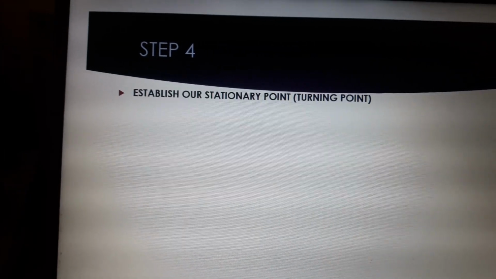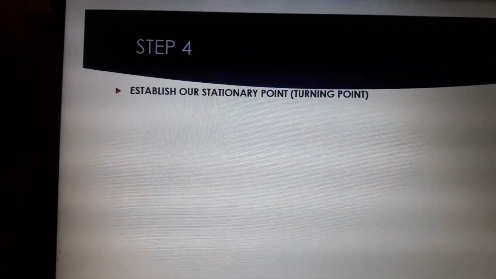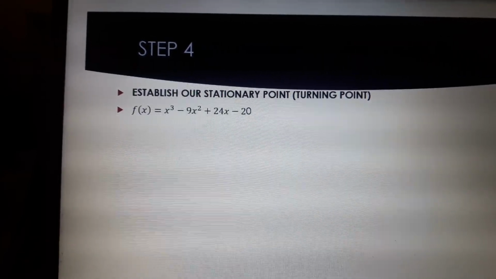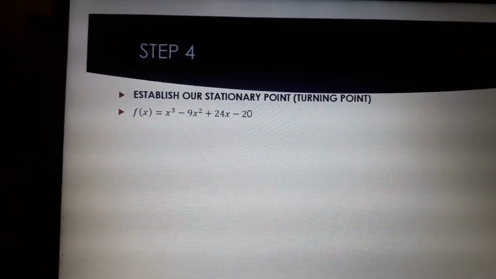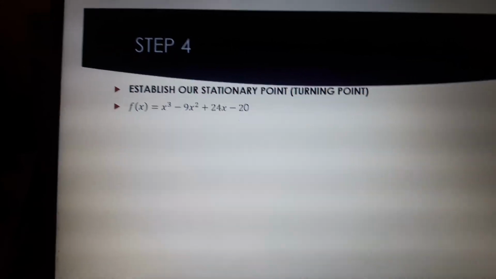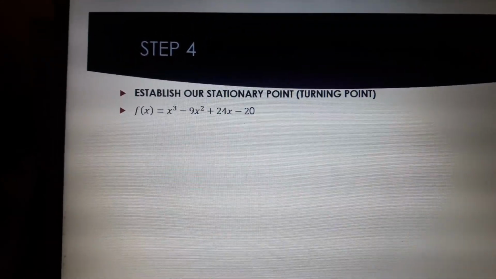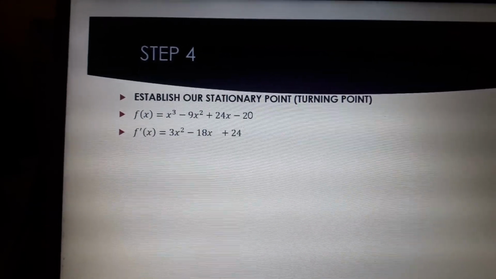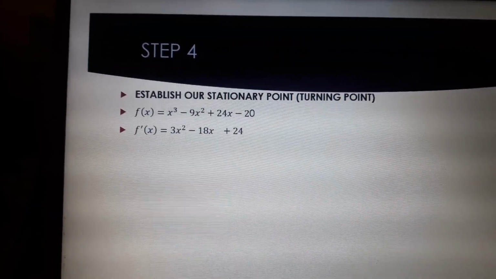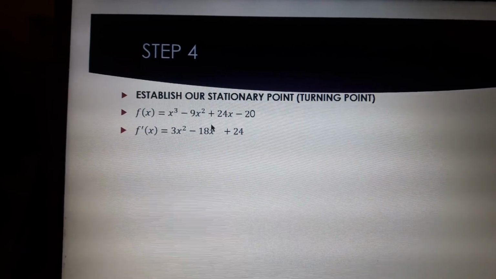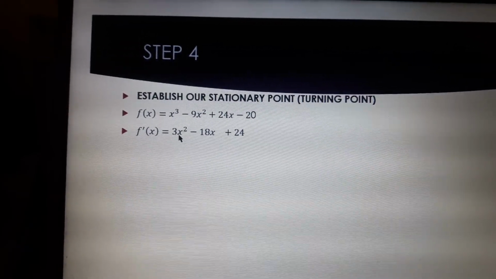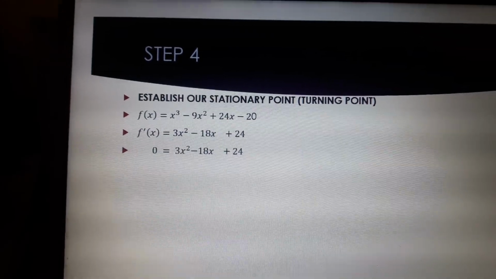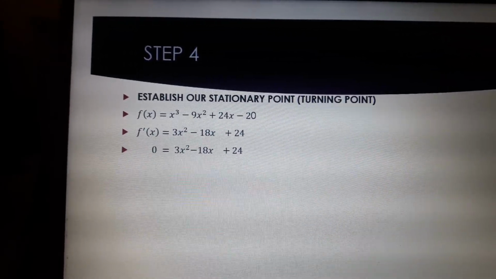Then we look for a stationary point, the turning point. When we're looking for a turning point, we use the original equation and differentiate it. After differentiating it, we let the derivative equal 0.